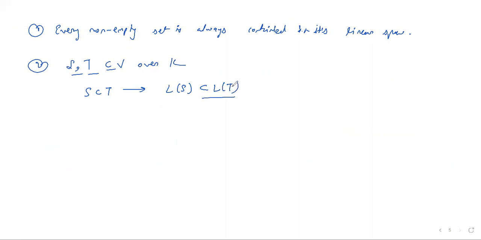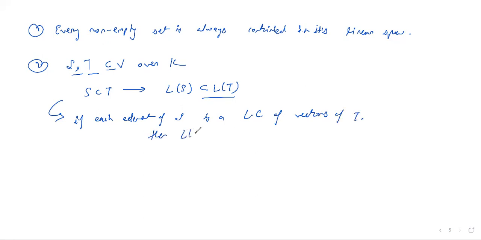And if each element of S is a linear combination of vectors of T, then L of S is a subset of L of T. This is what we need for the linear span, that every element can be written as a linear combination.